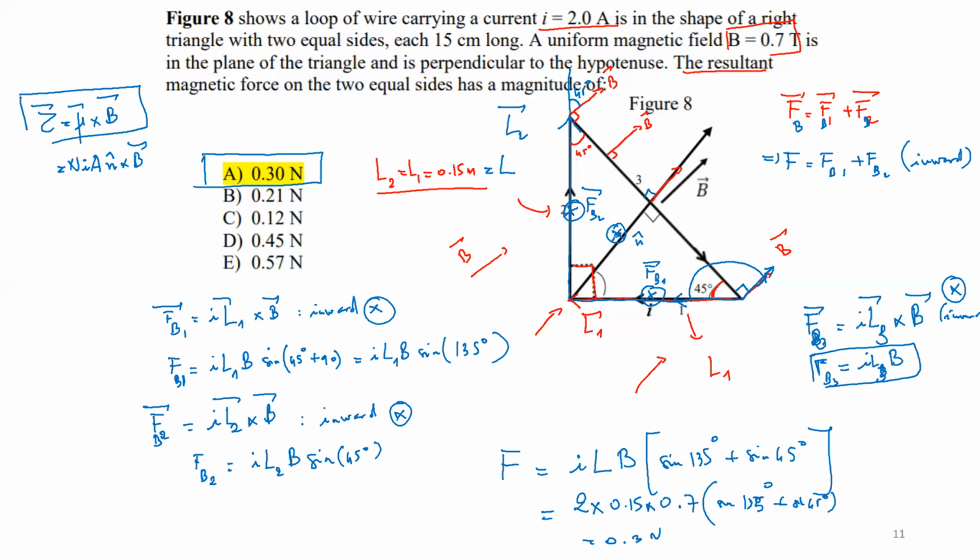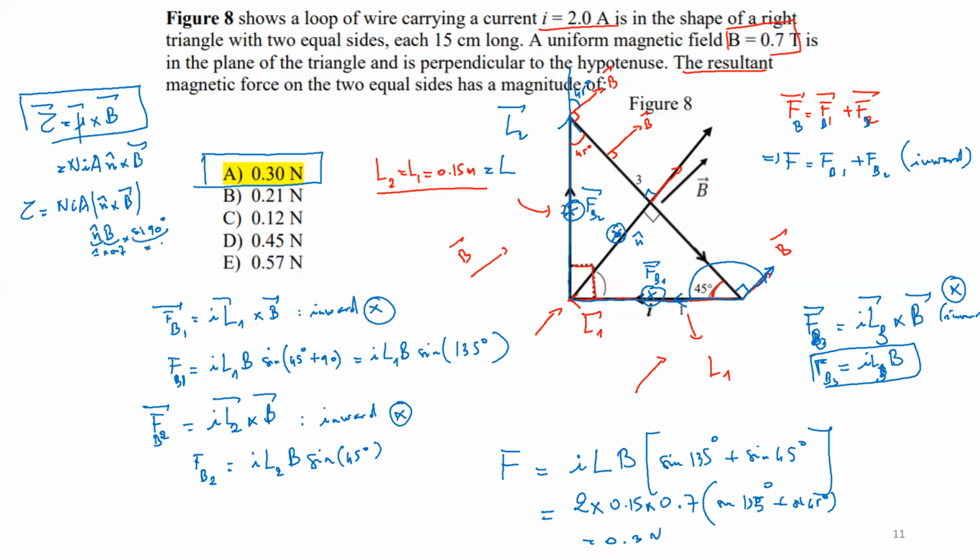So let me get the magnitude of the torque. It will be NIA, N cross B. So what is the magnitude of N cross B? The magnitude of N multiplied by magnitude of B. Magnitude of N is 1. Magnitude of B, I know is 0.7 Tesla. Sine the angle between them. What's the angle between N and B?